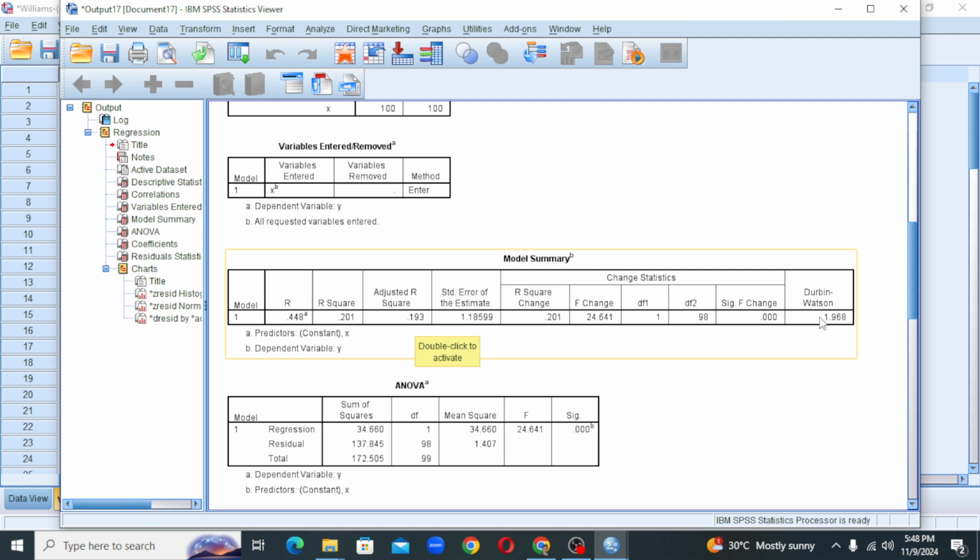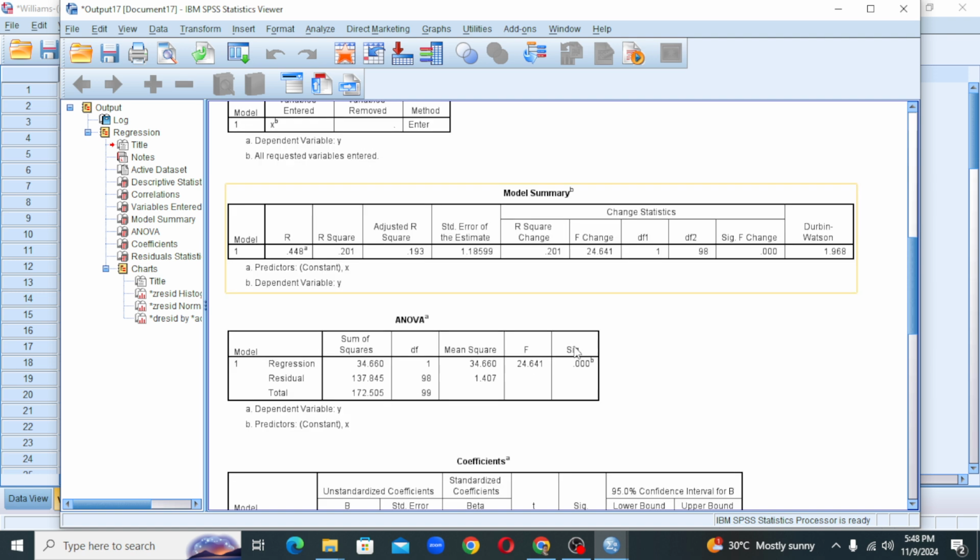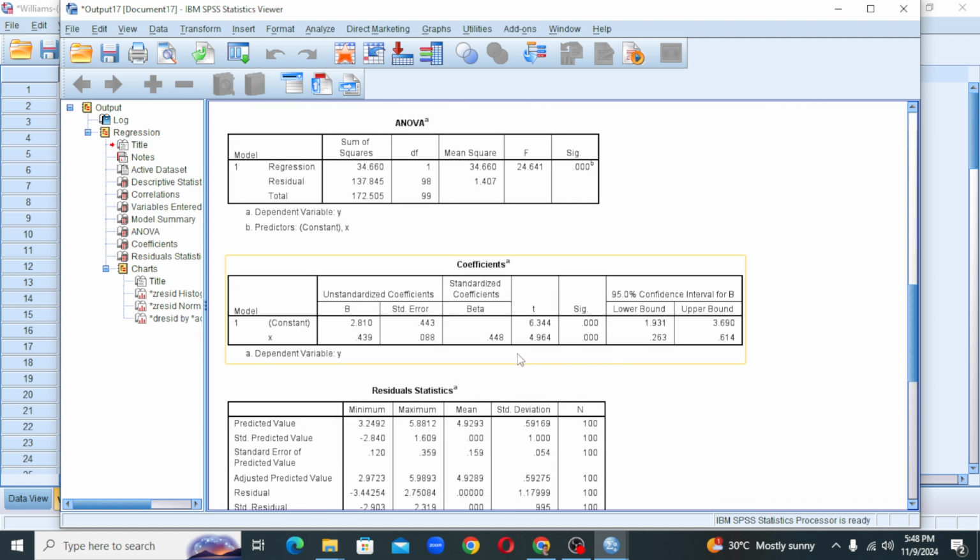Next, we will be looking at the Durbin-Watson test, and since that is 1.9, closer to 2, there is no serial correlation. If it is around 0, then there is positive serial correlation; around 4, negative serial correlation. Then we will be looking at the ANOVA table, and that is significant, so we can proceed with explaining Y using X. Next we will be looking at the coefficients, that is B0 and B1.